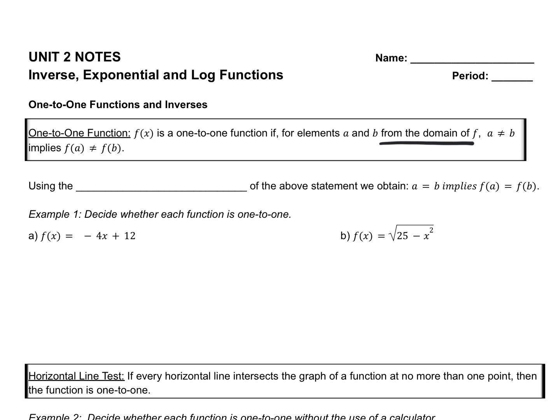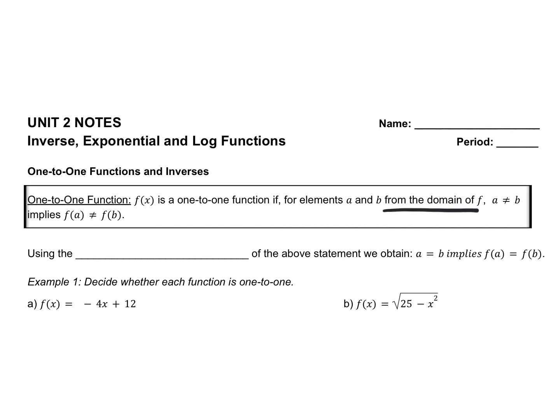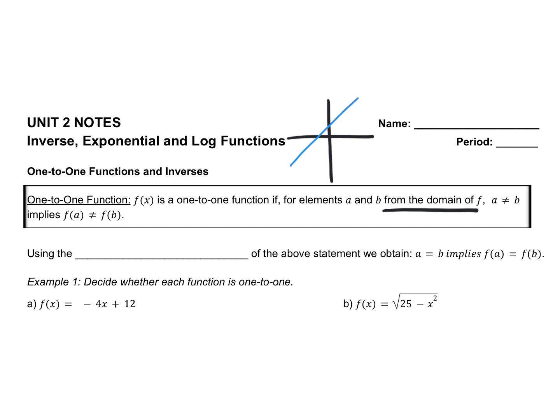Let's think about this in terms of just a picture. Basically, what it is saying is if I have a graph, and let's say I just had a line, what it's basically saying is that I don't want to have two values that have the same y output.